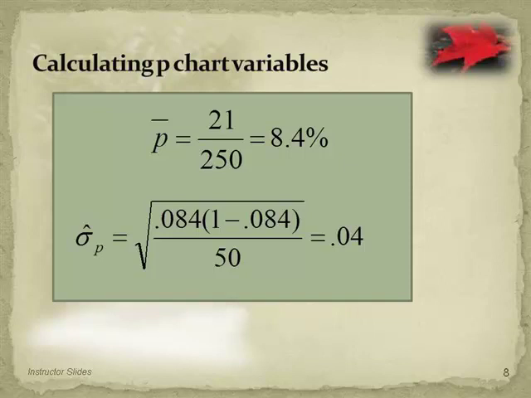8.4% as a decimal is 0.084. That's where we get the 0.084 in the formula below. So the formula was the square root of P bar times 1 minus P bar, divided by little n, and the answer to this is 0.04, which is the standard deviation.